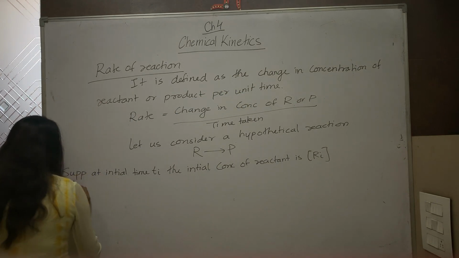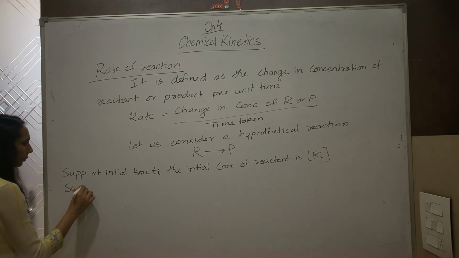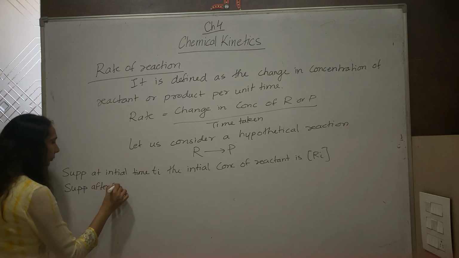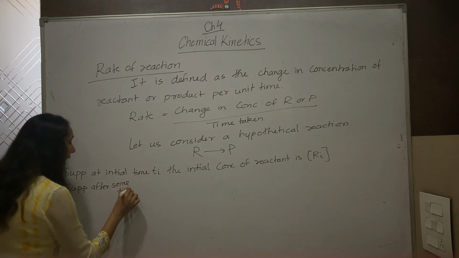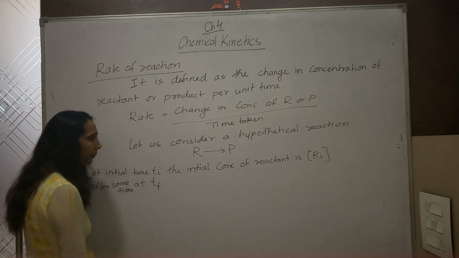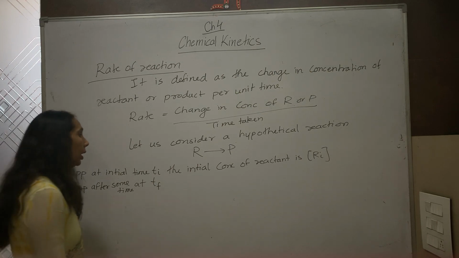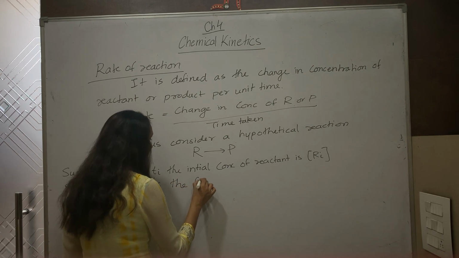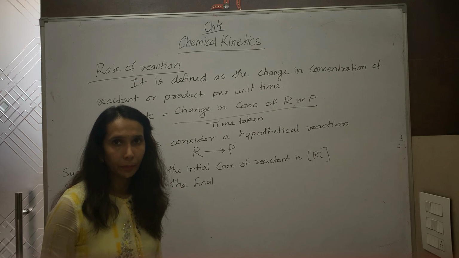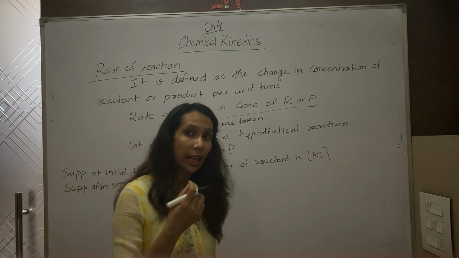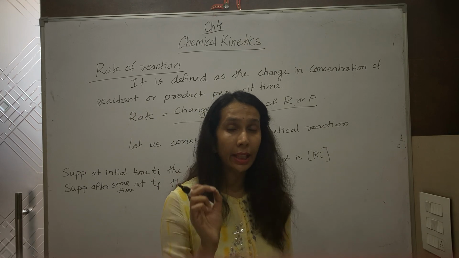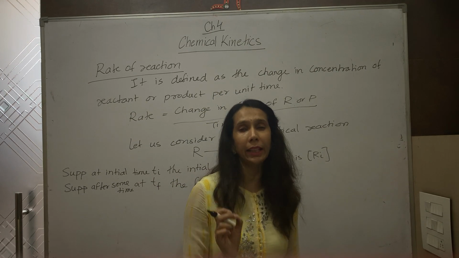Now suppose after some time, at Tf, the final time, I see the reaction after half an hour. So suppose 10 o'clock I start and 10:30 I stop the reaction. 10:30 is Tf, the final time.